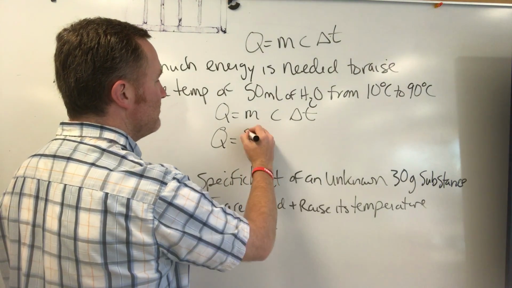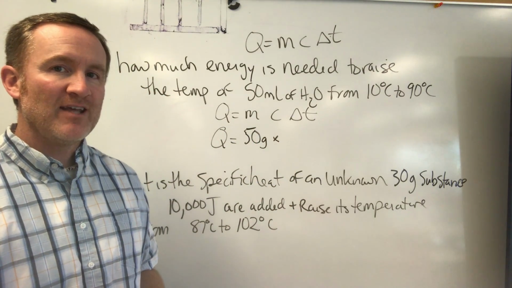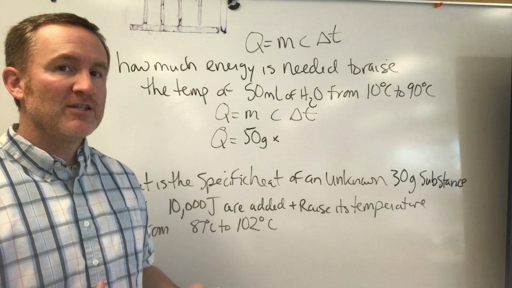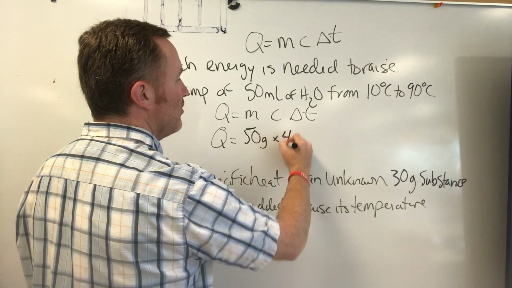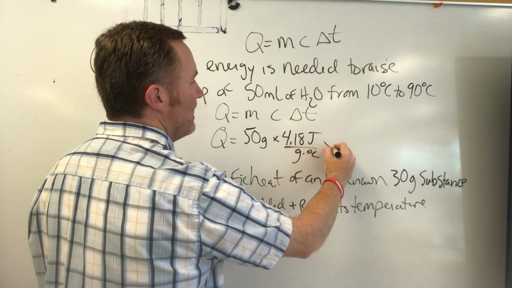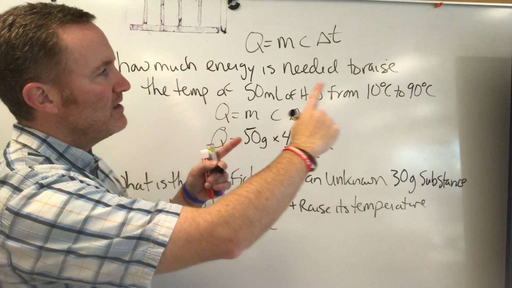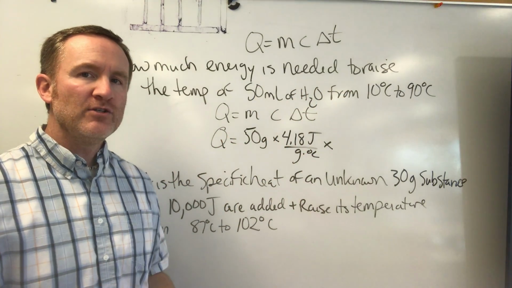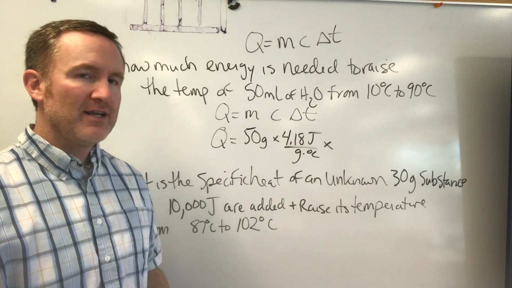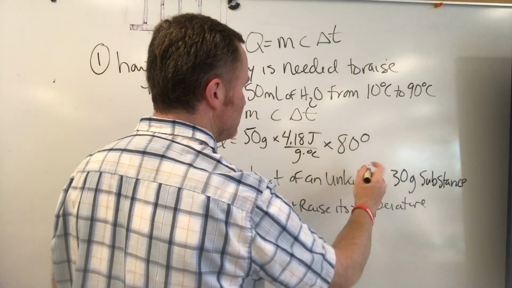According to our New York State reference table, Table B specifically, we can find the specific heat of water, which is 4.18 joules per gram degrees Celsius. My temperature change went from 10 to 90. We always do final minus initial, so 90 minus 10 is 80 degrees Celsius.